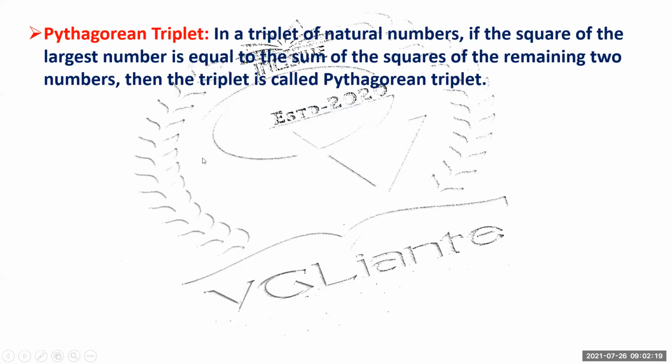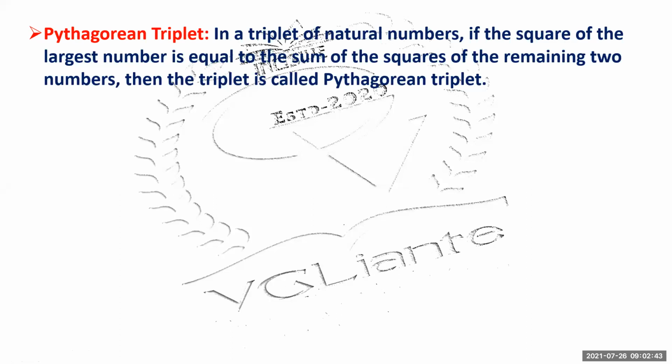Now see, in this chapter, the first important thing is the Pythagorean triplet. In a triplet of natural numbers, if the square of the largest number is equal to the sum of the squares of the remaining two numbers, then the triplet is a Pythagorean triplet.